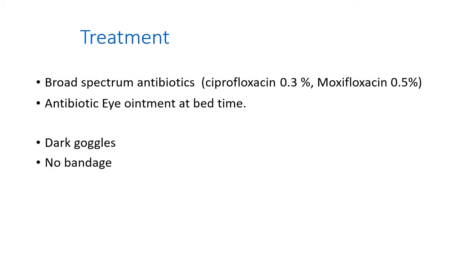And so bandaging is contraindicated. The conjunctival sac, because of bandaging, is converted into an incubator. An infection flares to a severe degree within 24 hours. So in a conjunctivitis case, bandage is contraindicated.